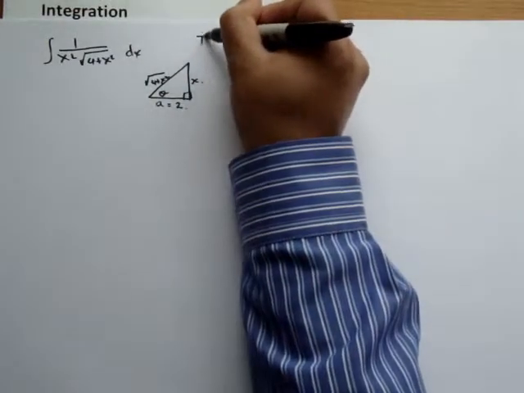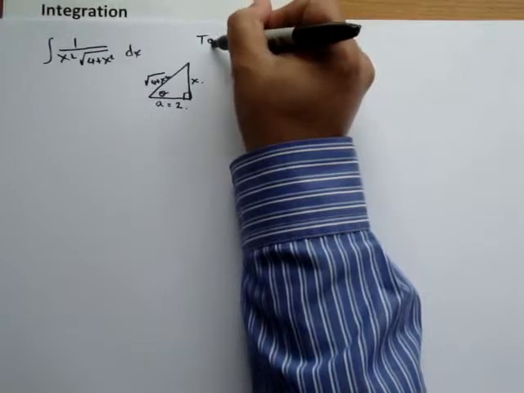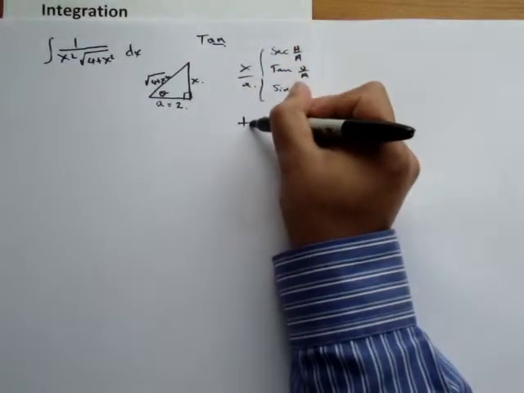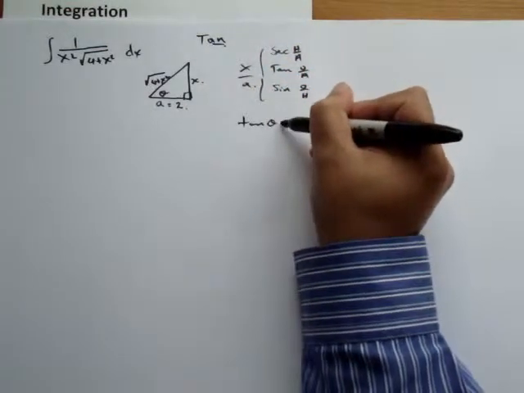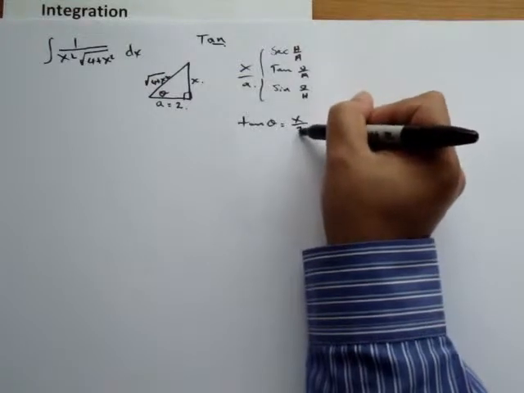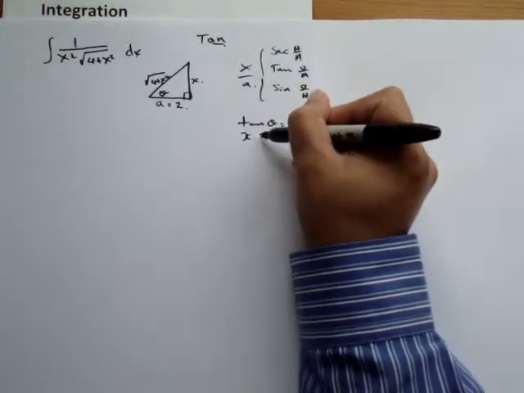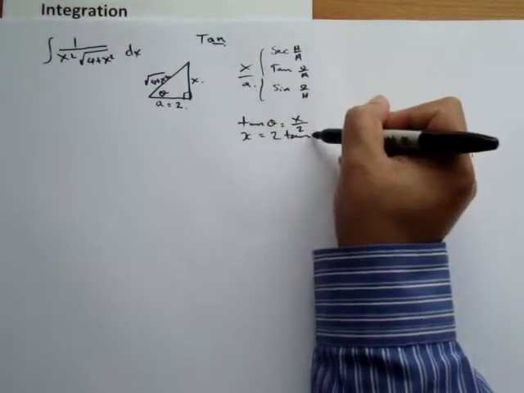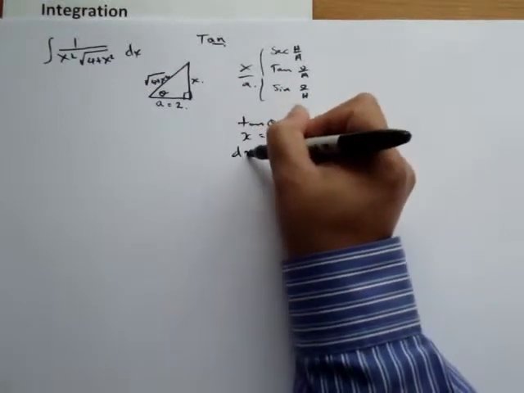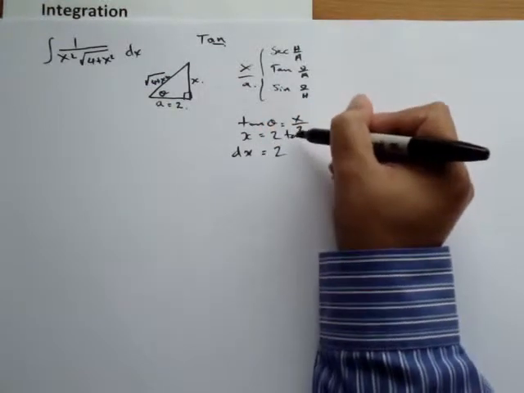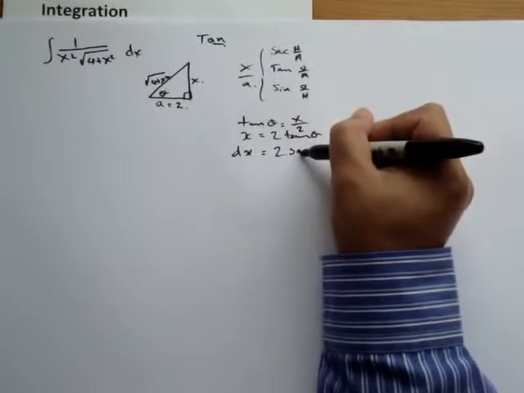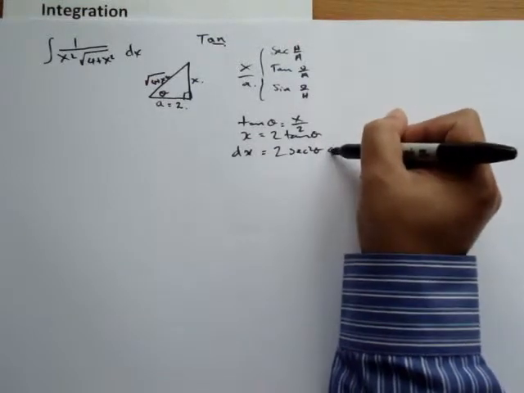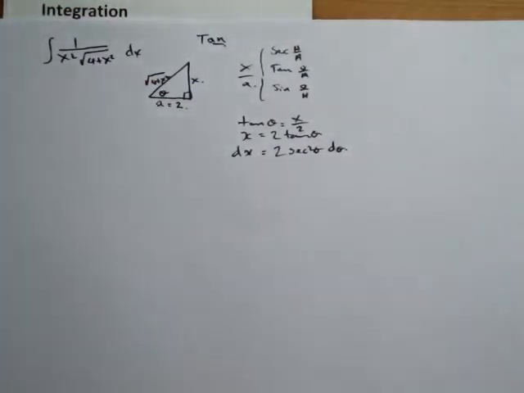So we're going to use the tan substitution. So tan theta equals x over 2, x equals 2 tan theta, and dx equals 2, differentiating tan, we get sec squared theta d theta. So now we're ready to do our substitution.